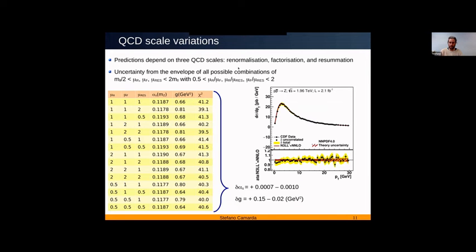The reason I was not very happy about this is because I am a little bit afraid about the overall normalization. In the Tevatron case it's probably still fine because there is a large 6% luminosity uncertainty, but I would be a little bit worried about doing this at the LHC, because there the luminosity uncertainty is at the level of 1.5, 2%.